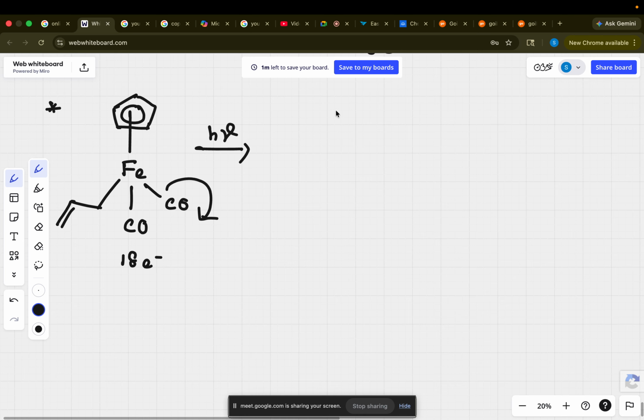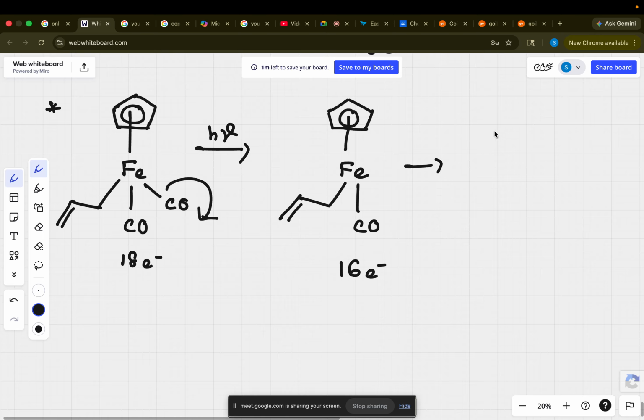One of the carbonyls will leave, and if one of the carbonyls leaves, what am I getting? Here you have cyclopentadienyl, here you have iron, and here you have carbonyl CO. So how many electrons am I getting now? 16 electrons. What will the next step be?